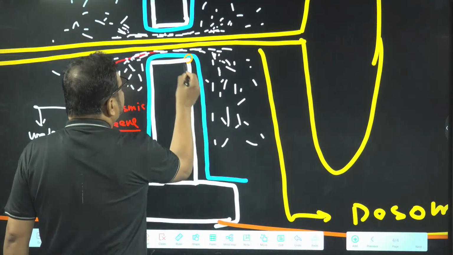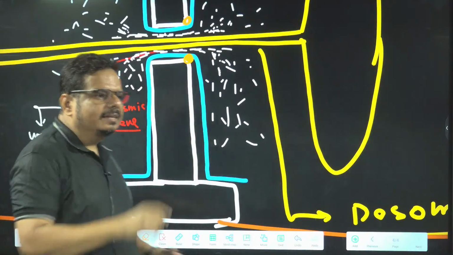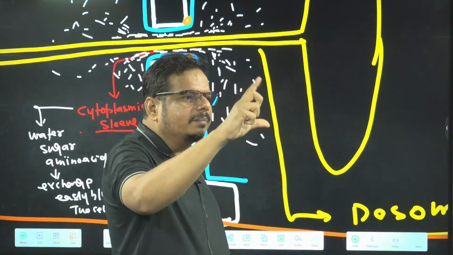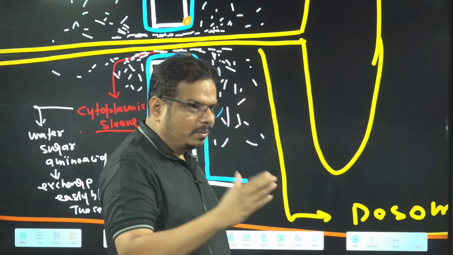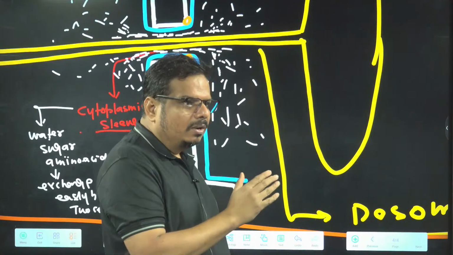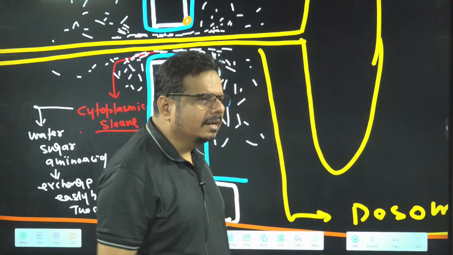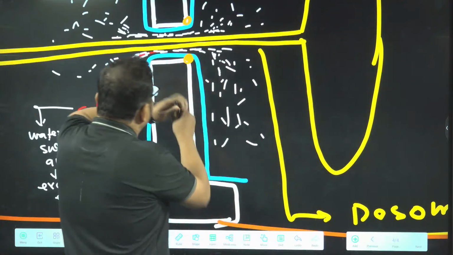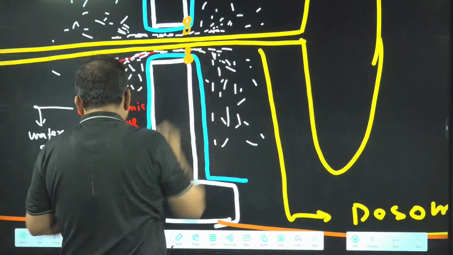Here in the cell wall, callose deposition is going to occur. And this callose is regulating the plasmodesmatal closure and opening. So when there is no requirement of exchange, when the cell doesn't want to take anything from another side and doesn't want to give to the other side, what happens? This callose is going to block the cytoplasmic sleeve.